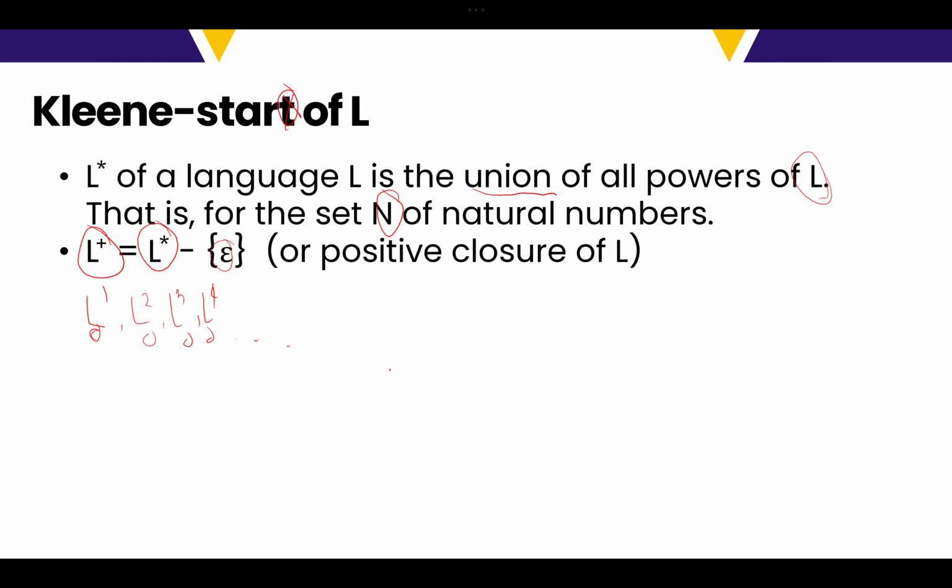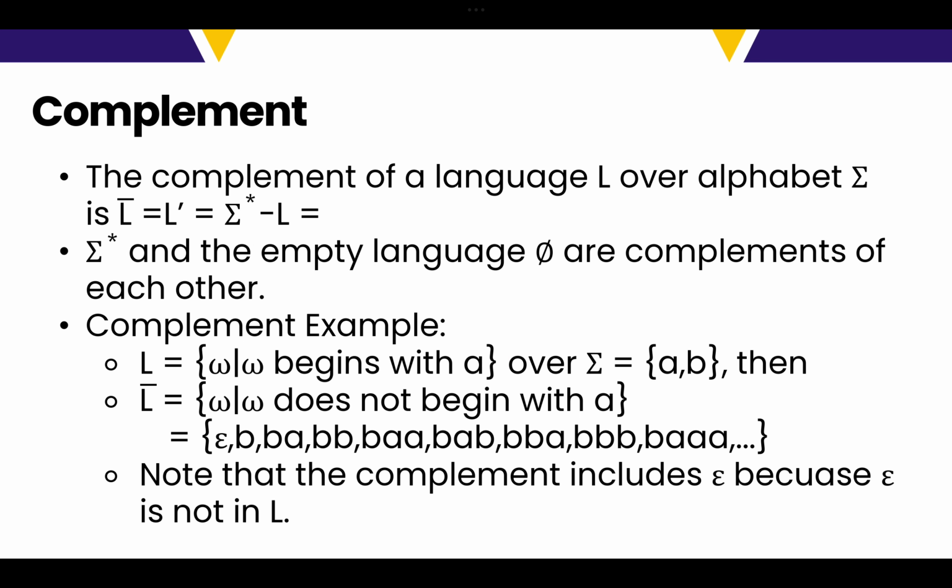Okay. So we have our next operation. This is, I think, second to the last operation. So the complement of a language L over the alphabet sigma is written like this or like this.